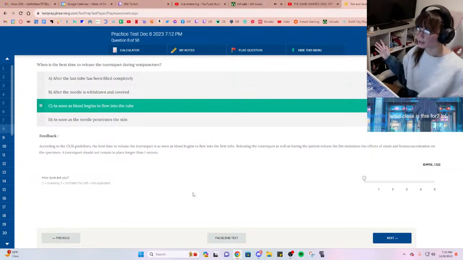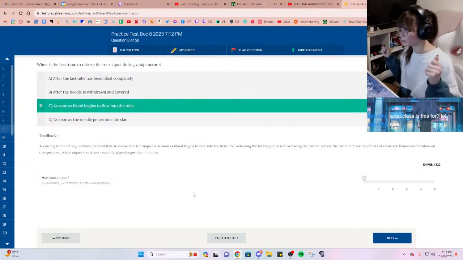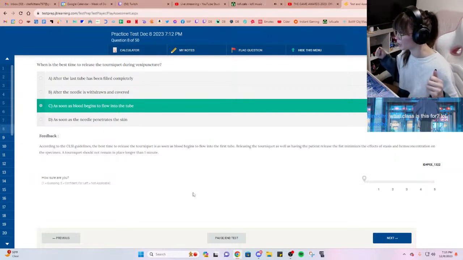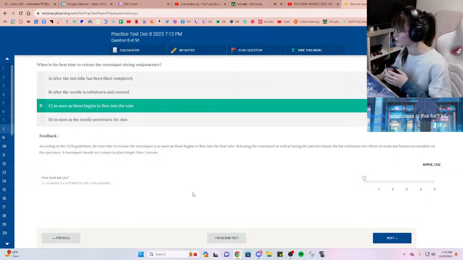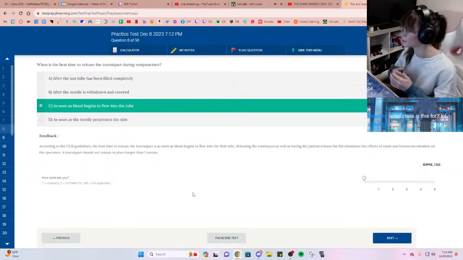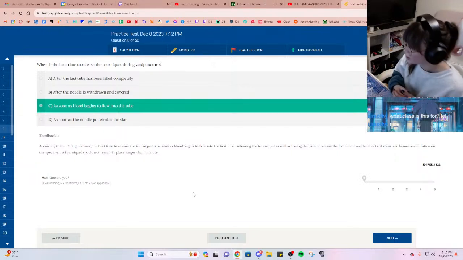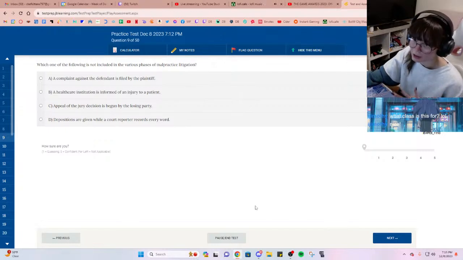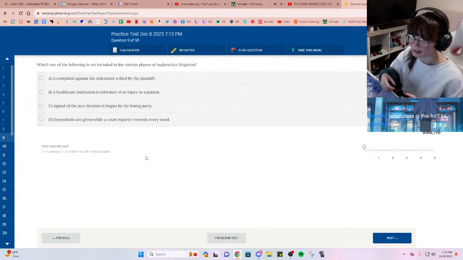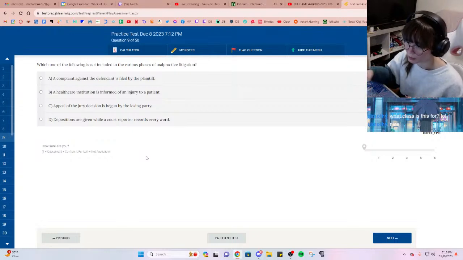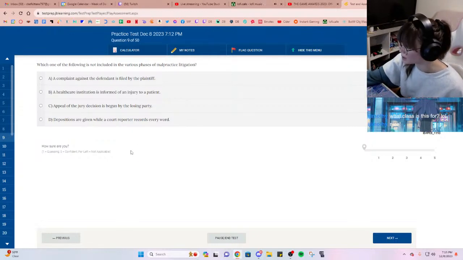Because according to the CLSI guidelines, the best time to release a tourniquet is as soon as blood begins to flow into the first tube. Releasing the tourniquet, as well as having the patient release the fist, minimizes the effects of stasis and hemoconcentration on the specimen. Tourniquet should not remain in place longer than 1 minute. Okay. We don't really do that. We usually wait till the last tube, just to keep the flow going, because usually it helps with keeping flow steady.